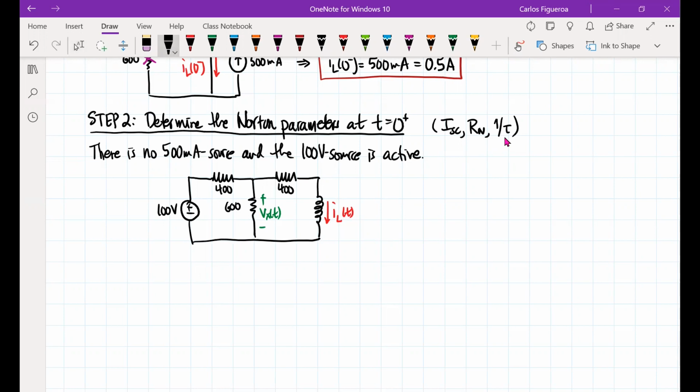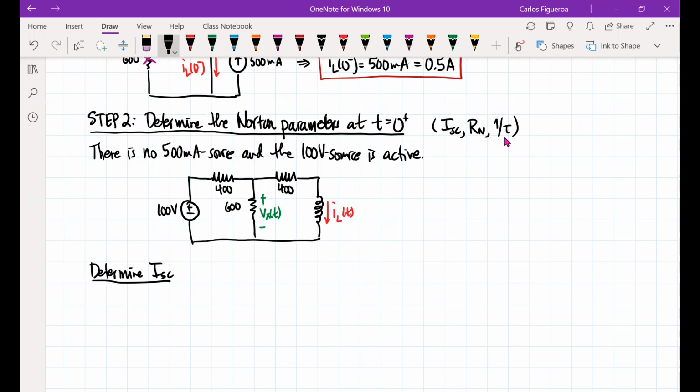The first thing that I need to do here is determine I short circuit. Now that means that the inductor is a short, but note that that inductor is in series with this 400 ohm resistor on the right.